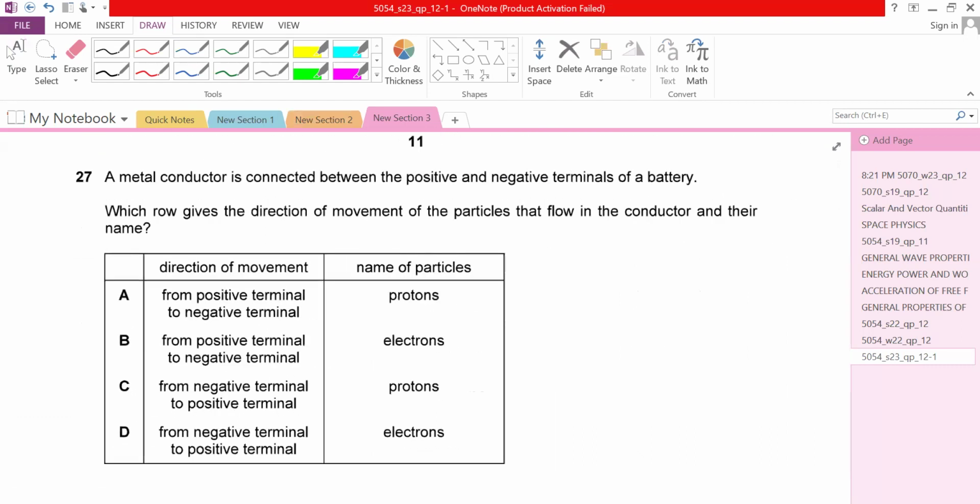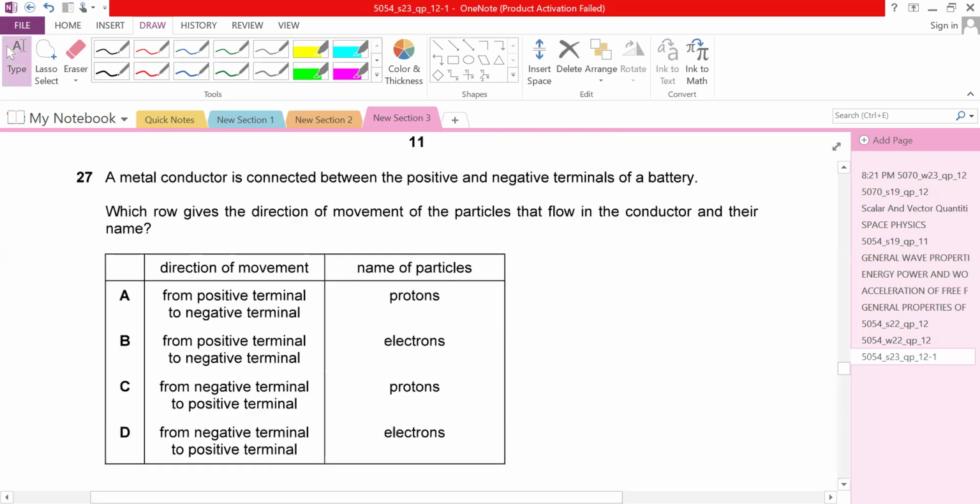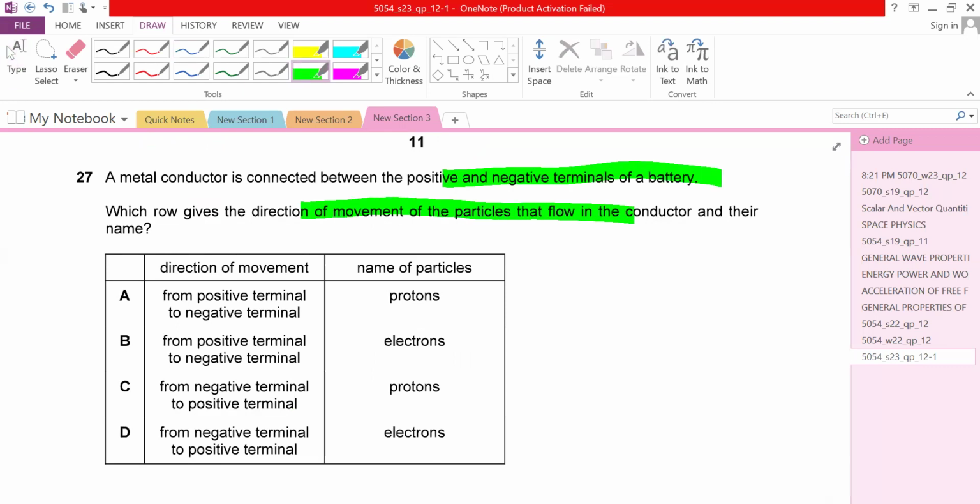Question number 27. A metal conductor is connected with the positive and negative terminals of a battery. Which row gives the direction of the movement of particles that flow in the conductor and their name?